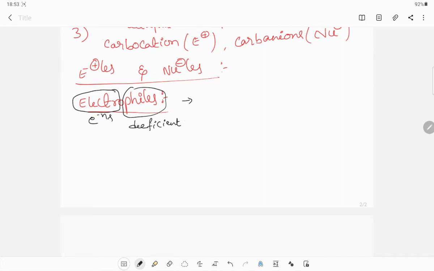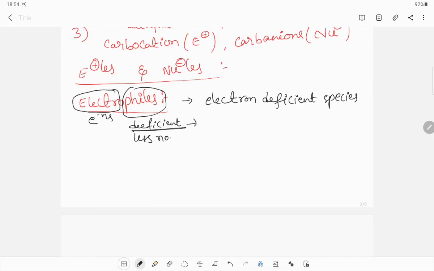So what is the definition? Electrophiles means electron deficient species. Deficient is nothing but less number of electrons. Whatever atom or ion has a less number of electrons comes under electrophile.